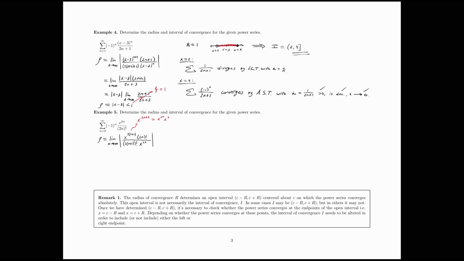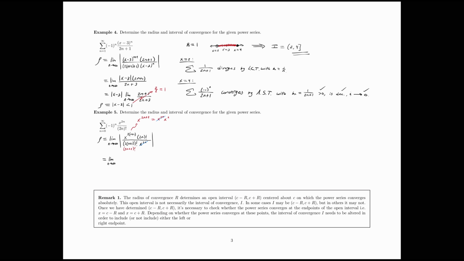Down here, this factorial, of course, will turn into 2n plus 2 factorial. So then replacing those items, the x to the 2n will cancel with this x to the 2n.